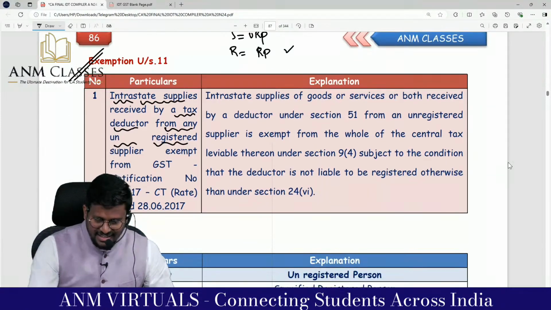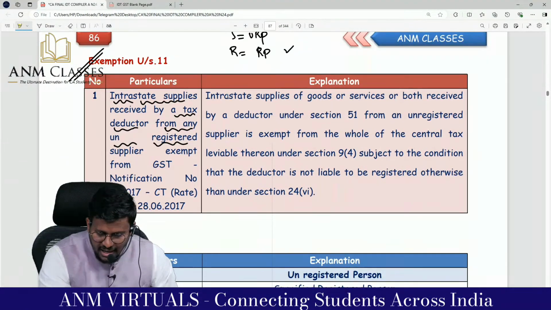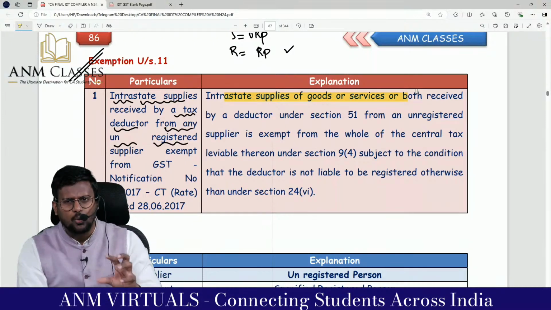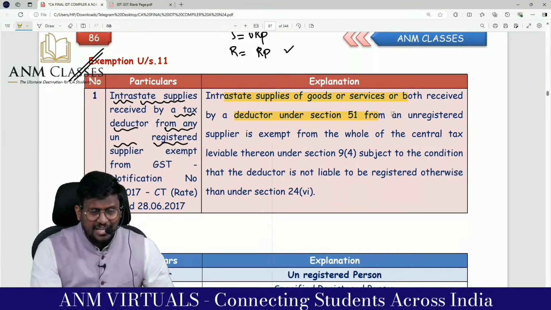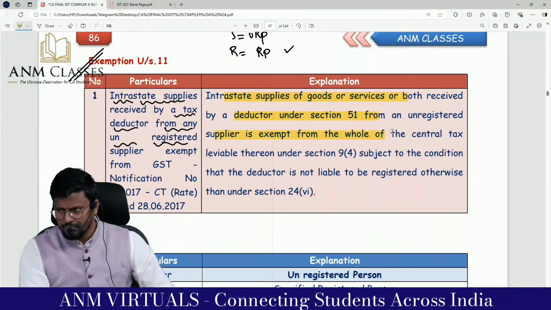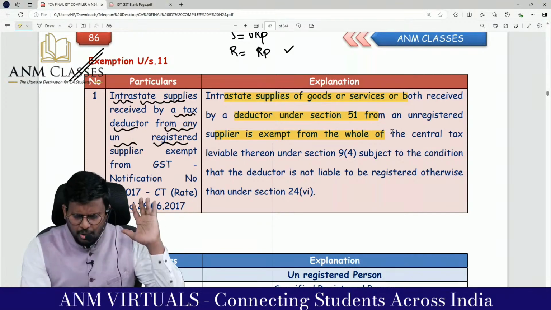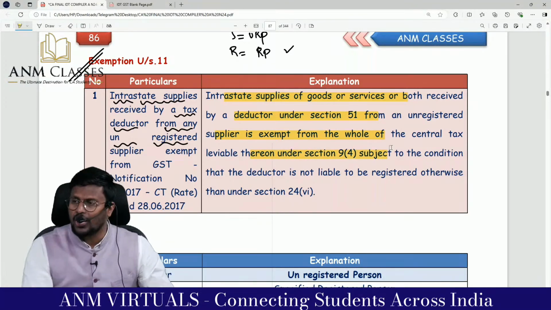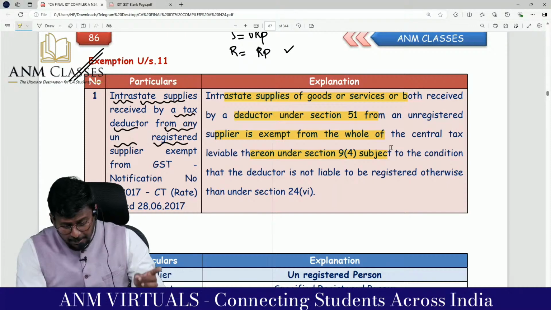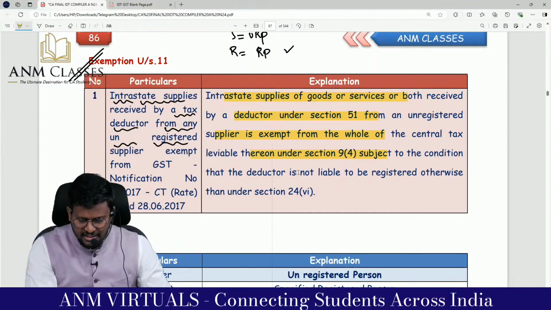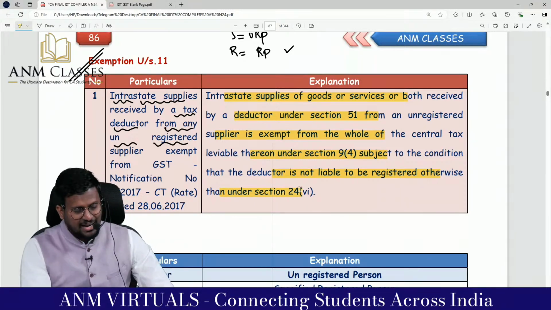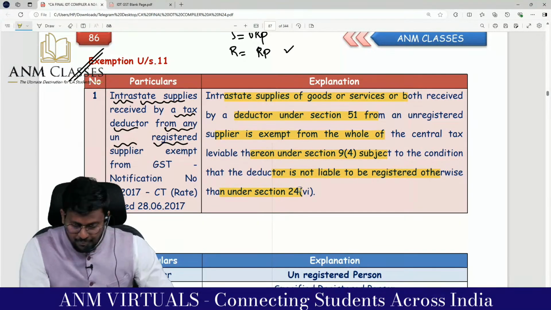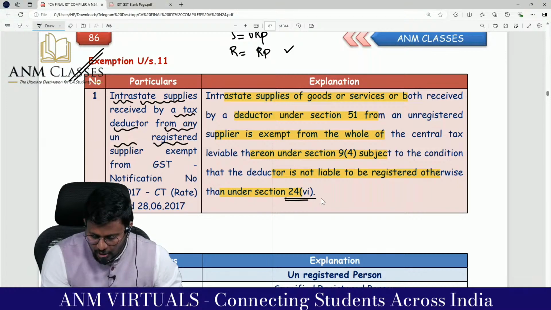In the same way, intra-state supply of goods or services or both received by a deductor under section 51 from an unregistered supplier is exempt from the whole of central tax leviable thereon under section 9(4), subject to the condition that the deductor is not liable to be registered otherwise than under section 24 clause 6.